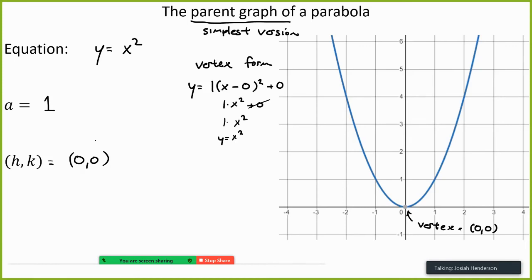Okay, let me go back one second. So the parent graph. Since we know that the most simplest basic version of a parabola starts at the origin 0, 0, notice the first time, if we just follow up on the right side, starting from 0, 0, moving up, moving up, right, this way.